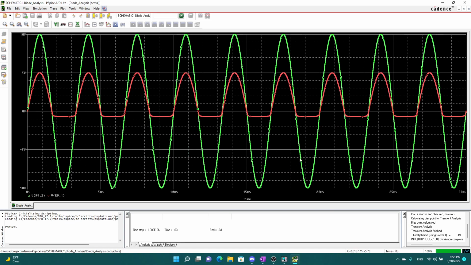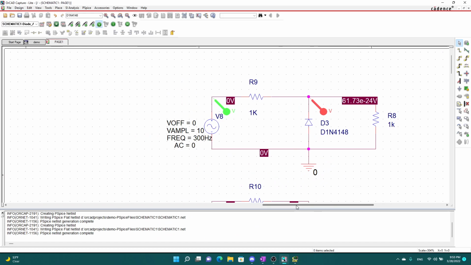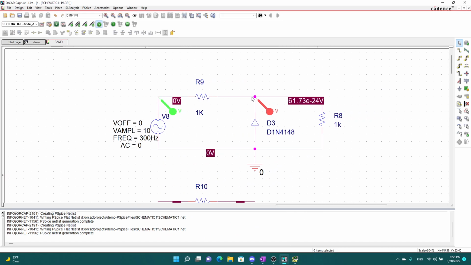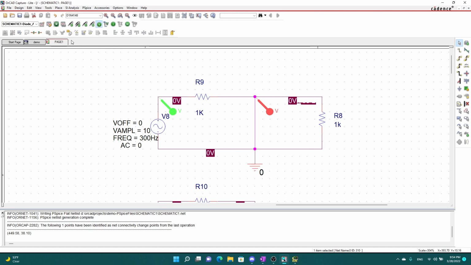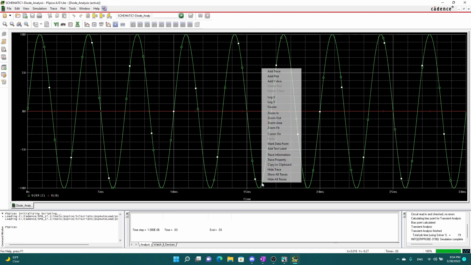But again, if the diode were to be on, theoretically it is considered a simple wire. So it's as if this diode never existed, and regardless of the input, the output will always be 0 volts, as shown in this graph.